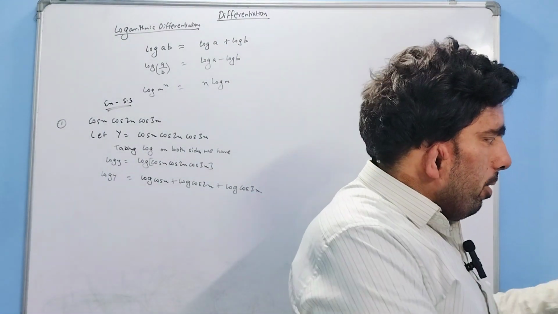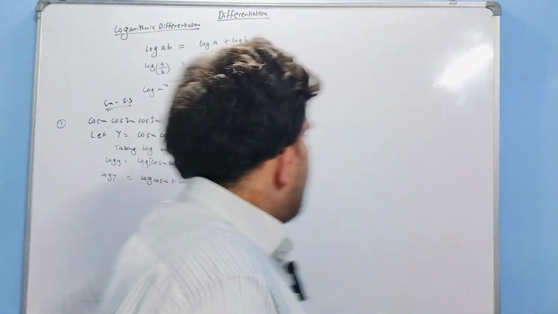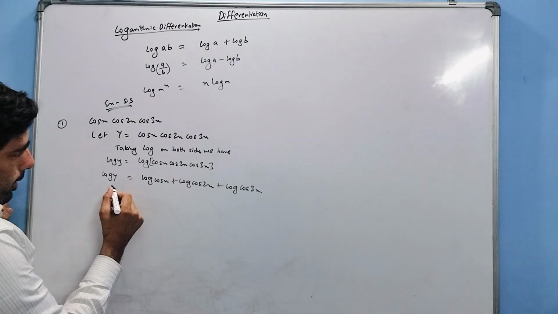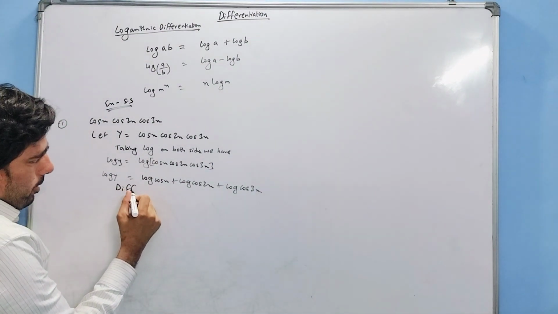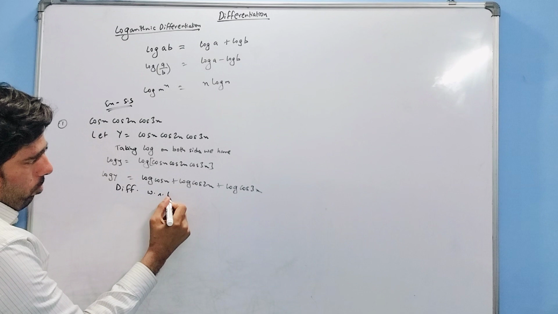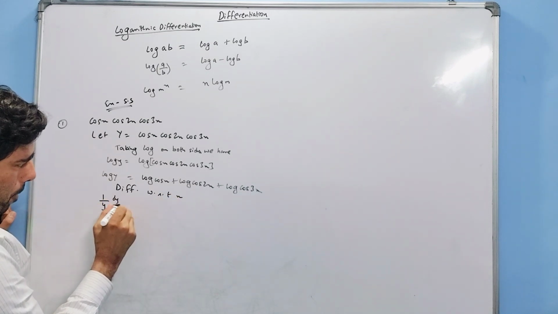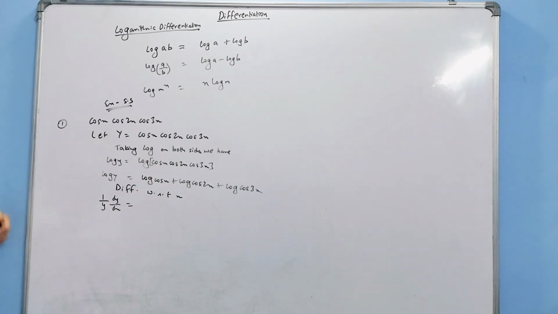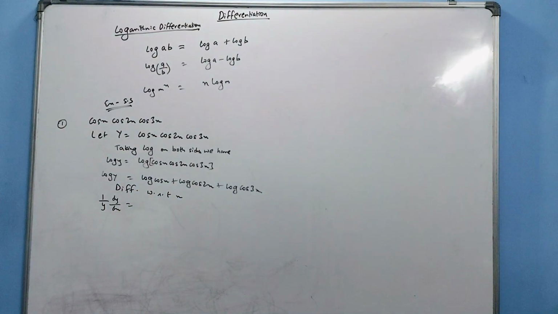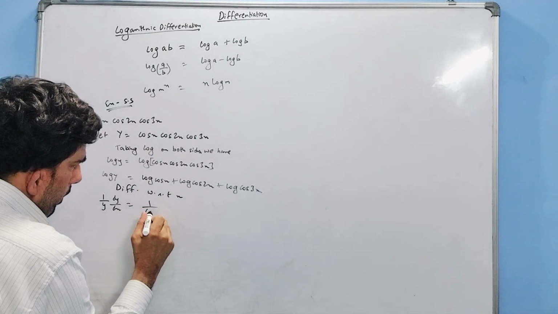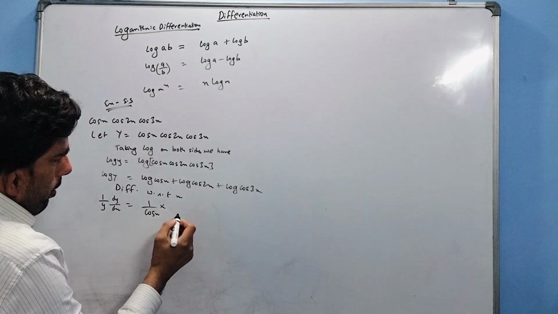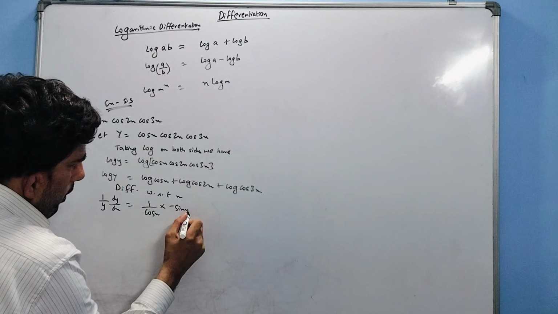What we need to do now is differentiate. Next step is to differentiate with respect to x. What we got? 1 upon y dy upon dx. Now log of x means 1 upon x, so we have 1 upon cos x into differentiation of cos x, minus sin x.